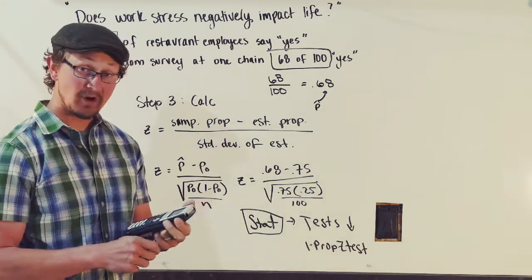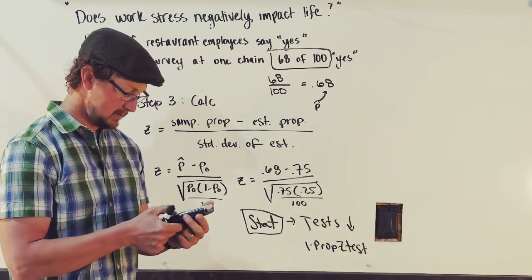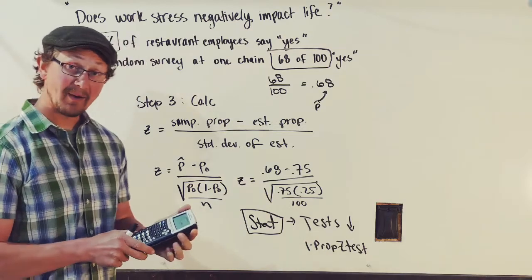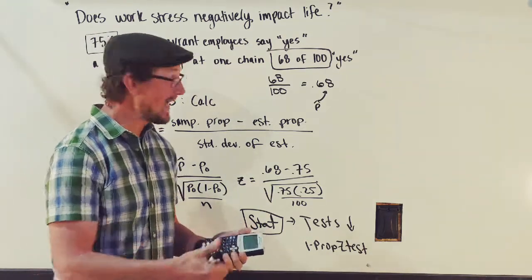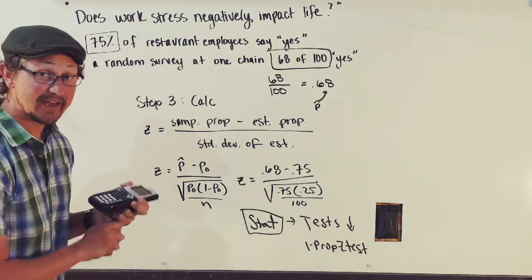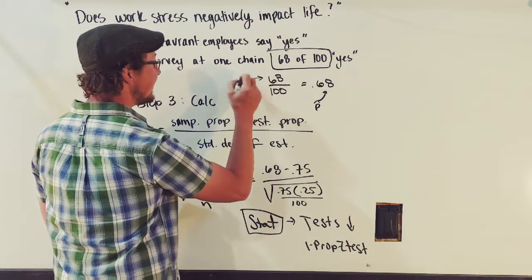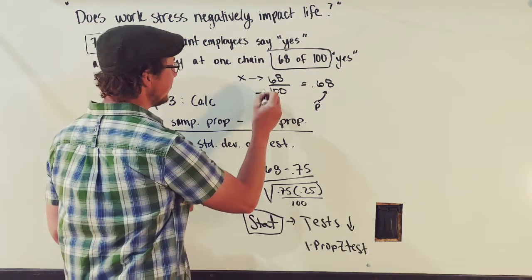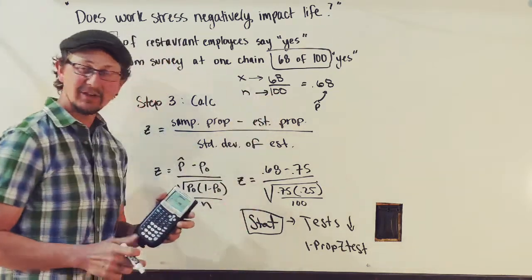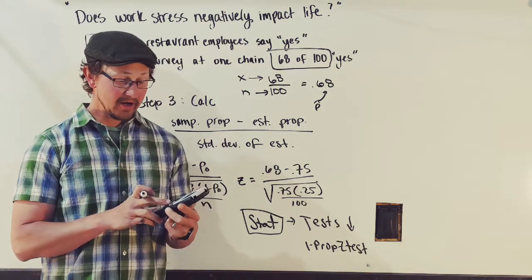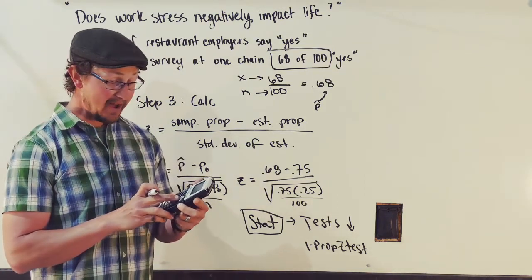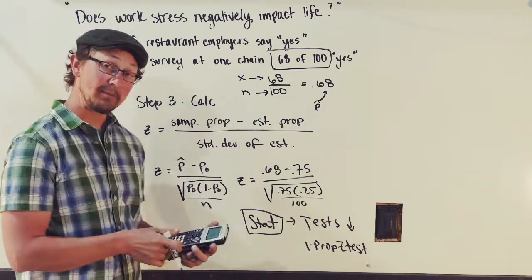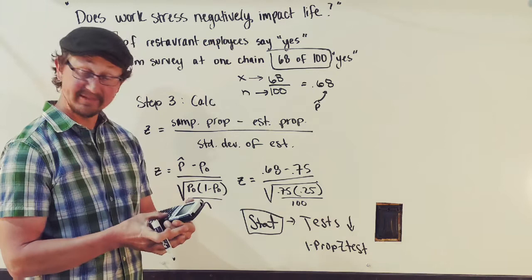You're going to drop in your null hypothesis, that 0.75. X is the number of successes, so the 68 is the X. N is the number in your sample, so the 100 is your N. Our alternative hypothesis is the less than symbol because we want to know if this company has less stress, so that's the middle one.